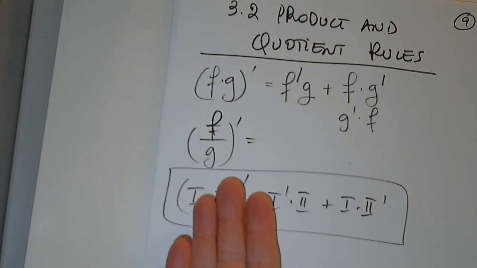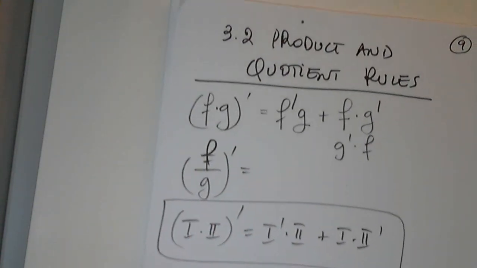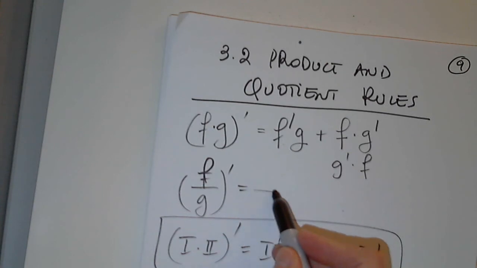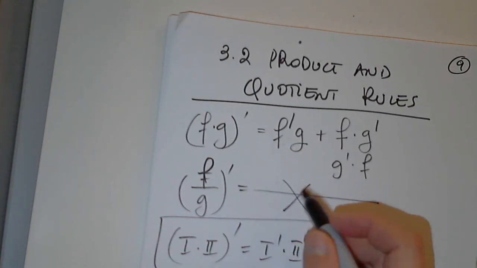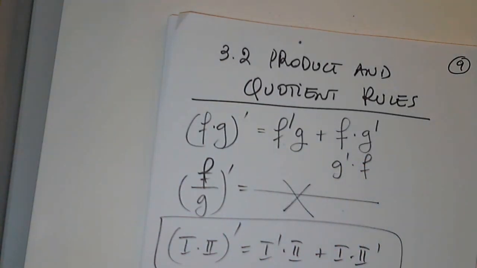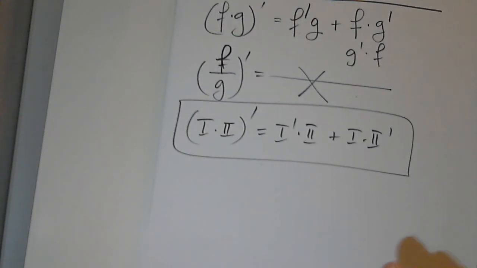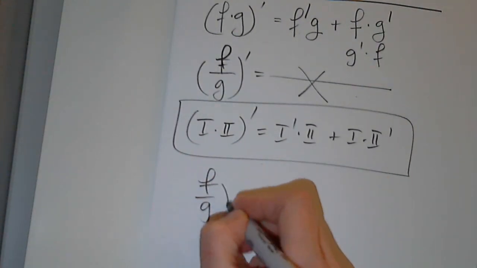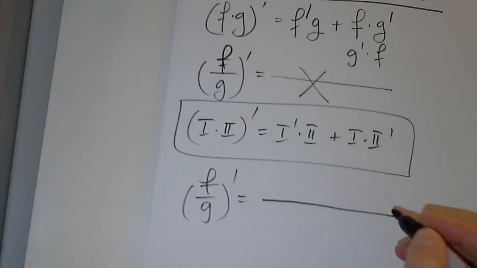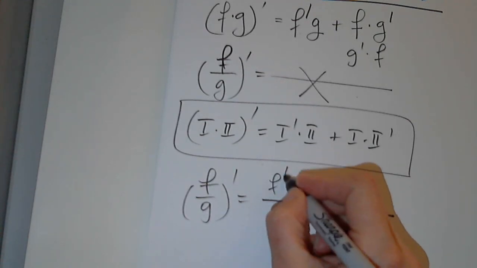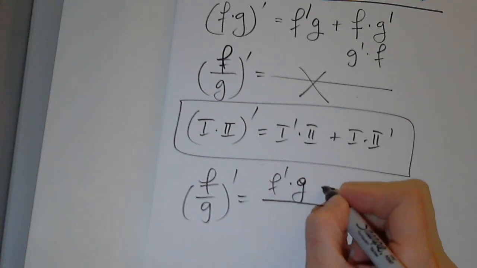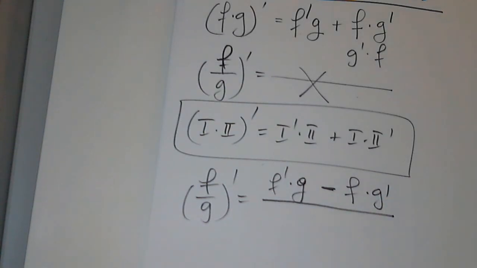Okay, the same thing with the quotient. It's just that the quotient has a ratio. I'm not going to write it here because it clashes with that g prime f, so I don't want to confuse you. So f over g, the numerator is very similar: f prime times g, but minus f times g prime, so it's very similar to the product rule.